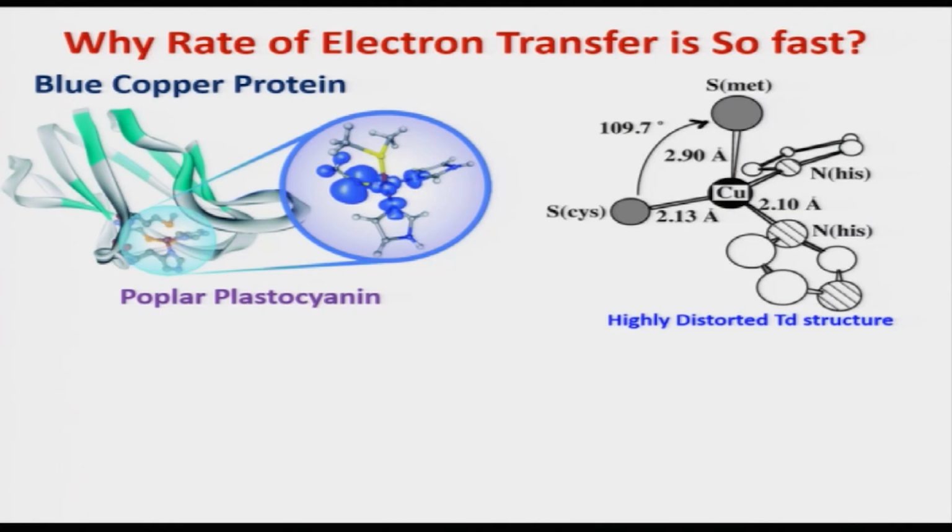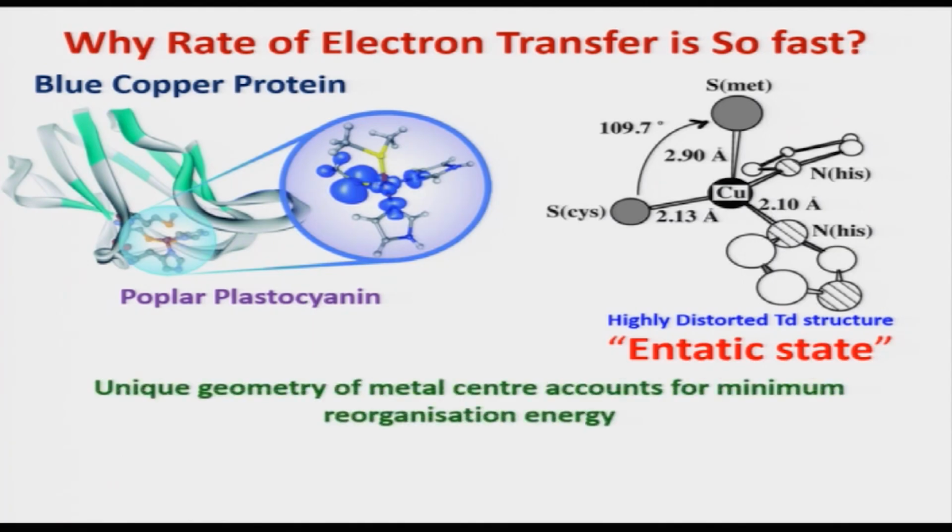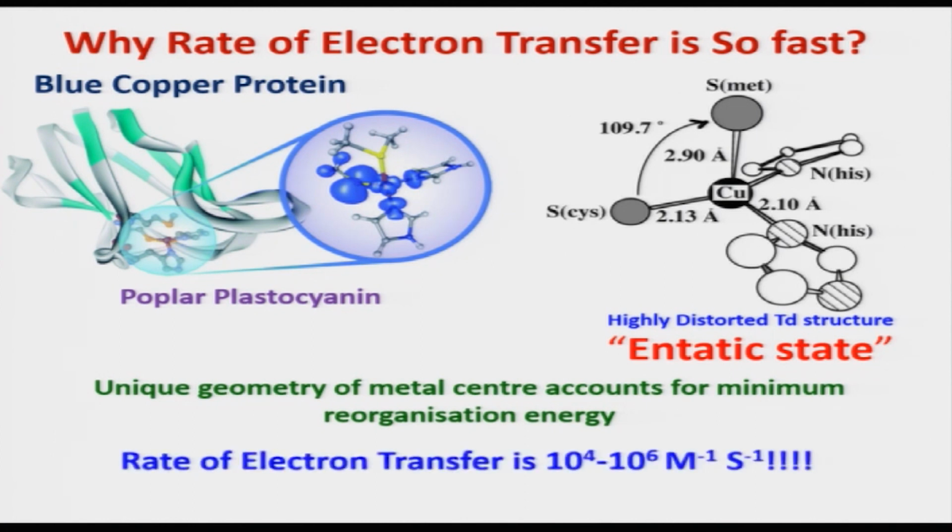This is a high energy geometry, and it has been said that this is in the entatic state, a high energy state. This unique geometry of the metal center accounts for minimum reorganization energy, and that is the reason why the rate of electron transfer is so fast.